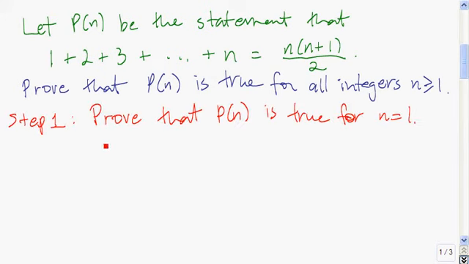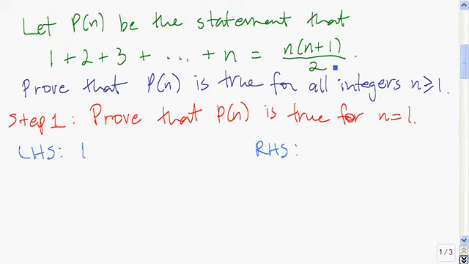Step 1 is to prove that P of n is true for n equals 1, or whatever starting case it is we have here. So we'll prove that that's true by looking at the left-hand side and the right-hand side when n equals 1. Well, the term on the left-hand side when n equals 1 means we start adding the numbers, but we stop right at 1. Okay, so n equals 1 corresponds to the very first term.